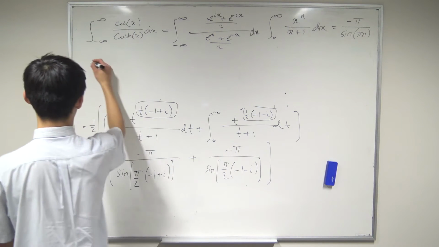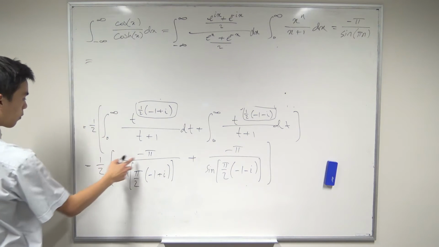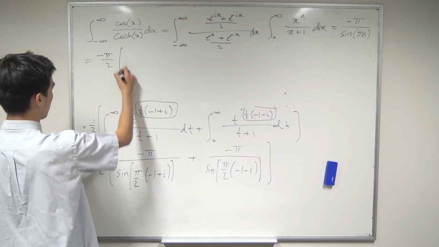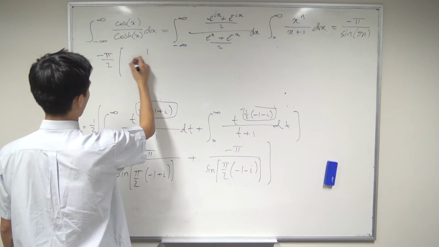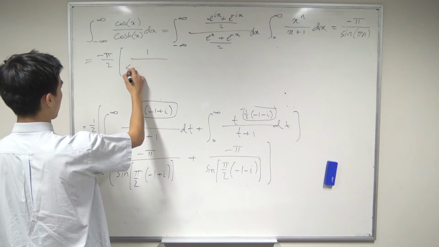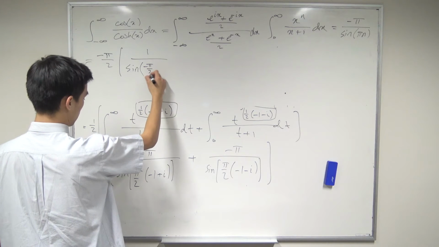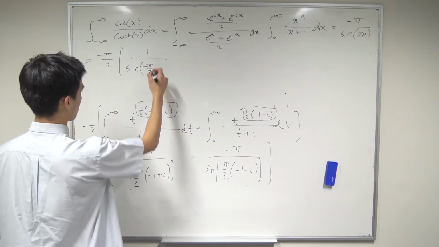So first of all, we can factor out minus pi right here, so we have minus pi over 2, and then 1 over sine, let's expand out that bracket right there, so minus pi over 2, and then plus i times pi over 2.